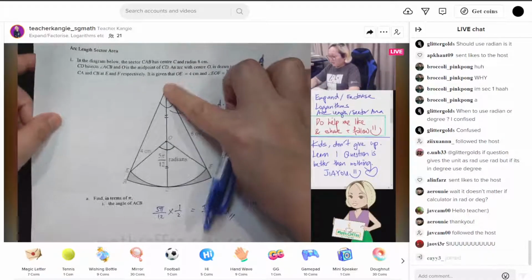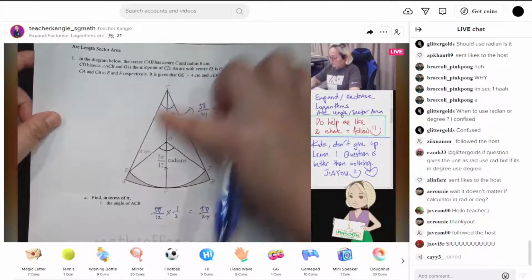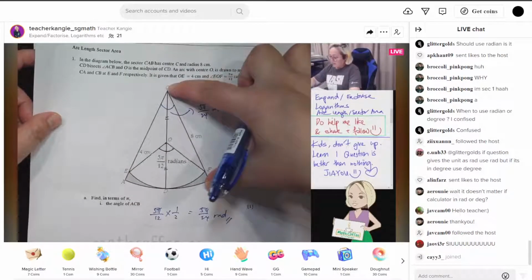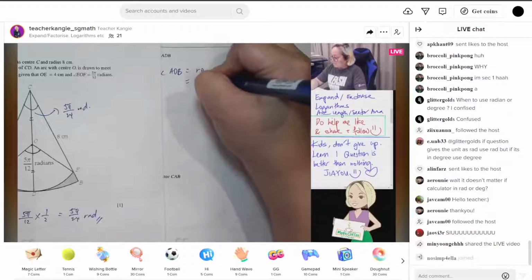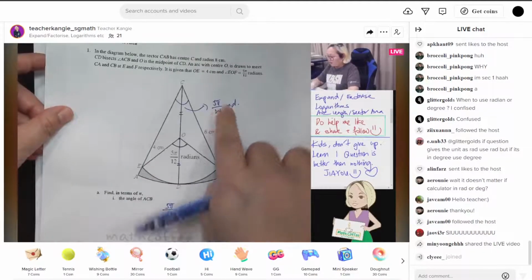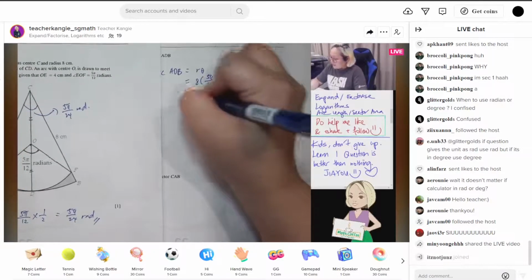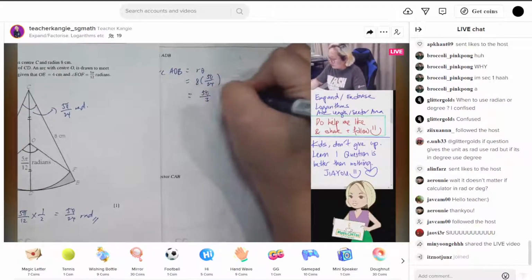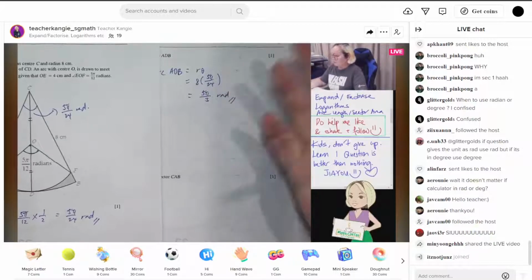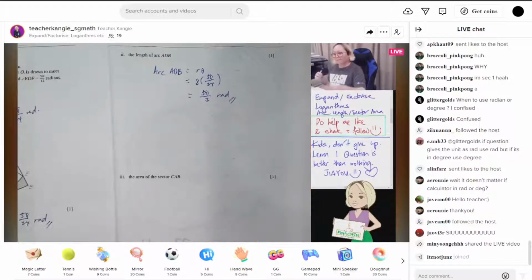For this, look at the big one. The radius is 8. So I just need to do 8 multiplied by 5 pi over 24, and you will get 5 pi over 3. And you are done. 1 mark.